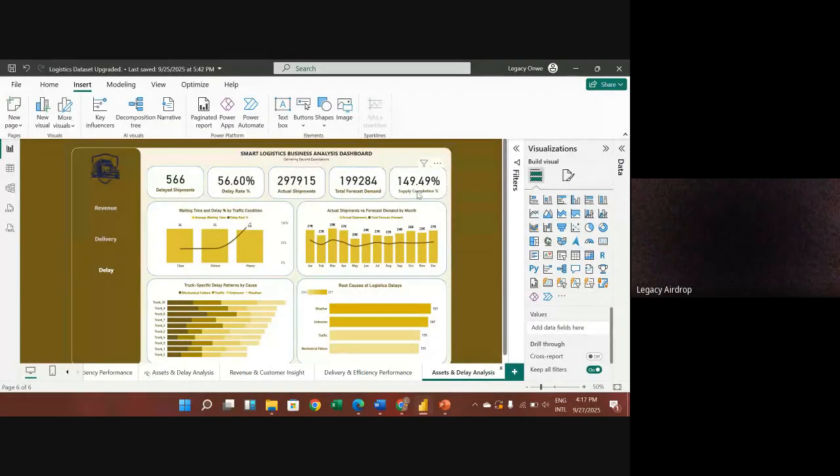So the company shipped more than what they forecasted, which gives us the rate of 149.49%. Okay. Because that wasn't explanatory until now that you explained. Back to the delivery and efficiency performance.